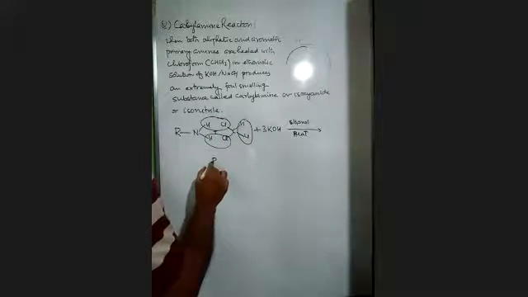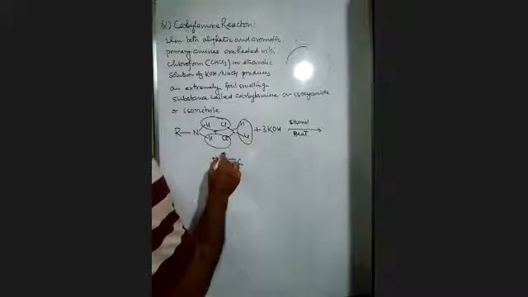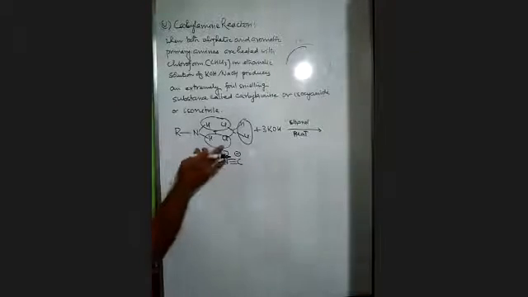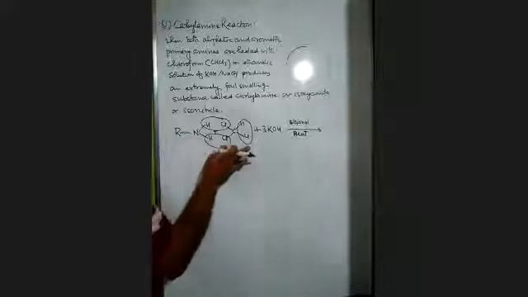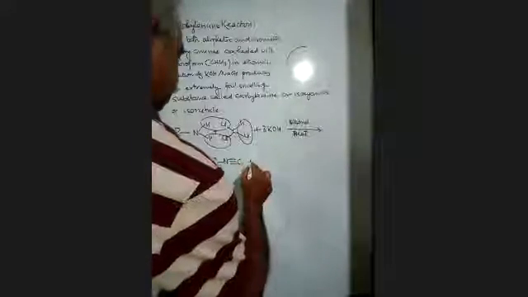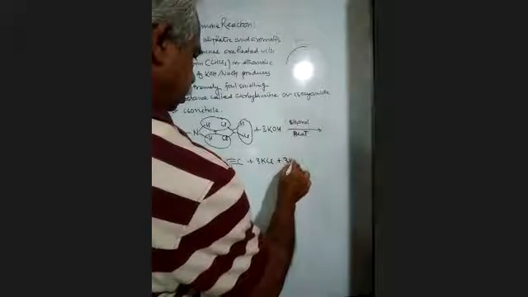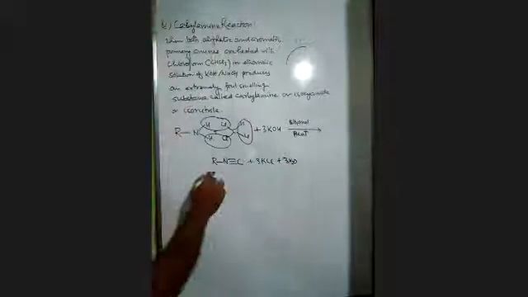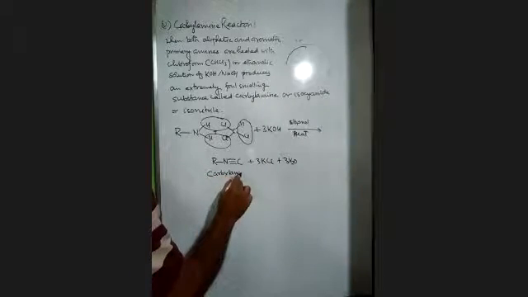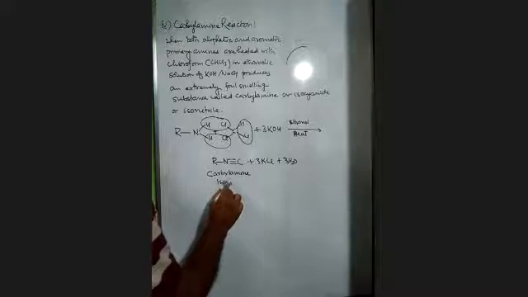So what you are going to get? Actually you get like this. But it is not given in your book, so please don't write. I'm a little scared of your school. Look at this. This is called carbylamine, or we call it isocyanide.